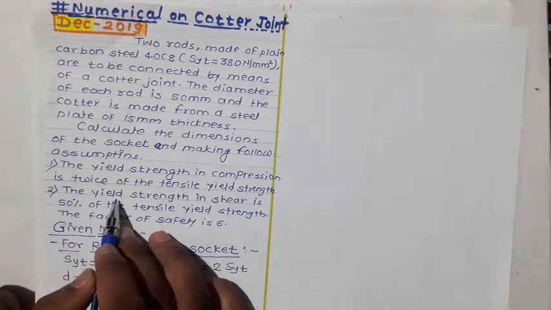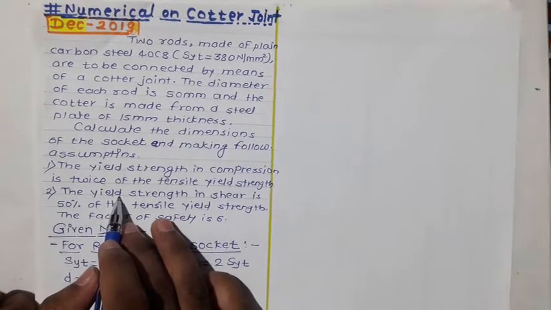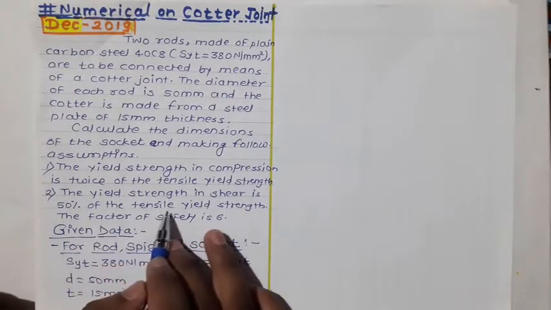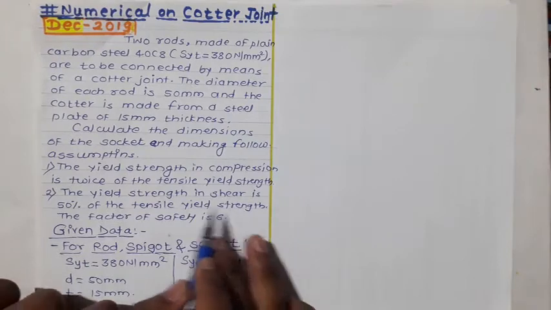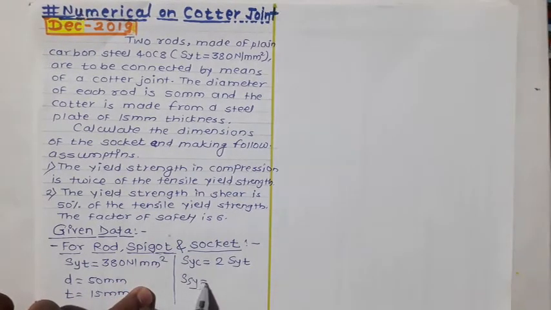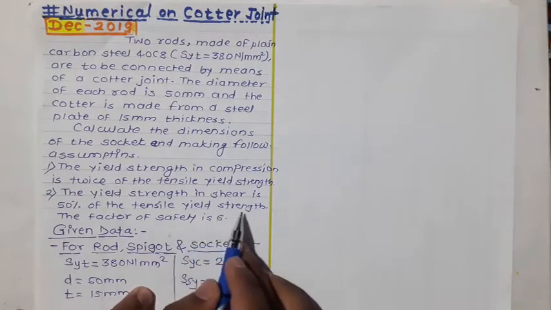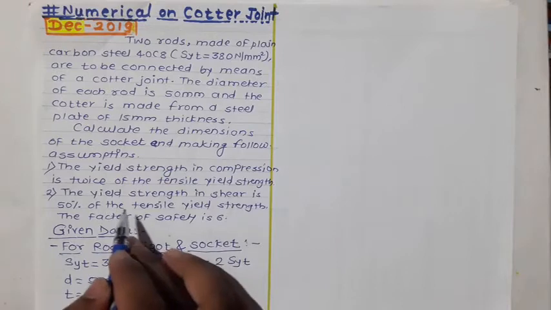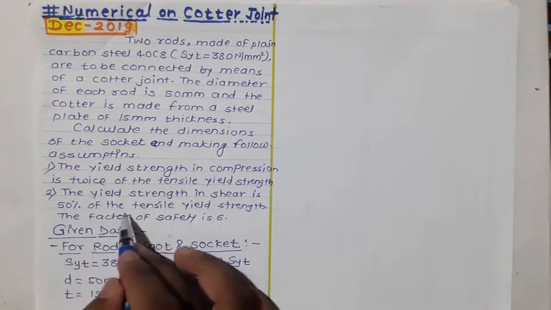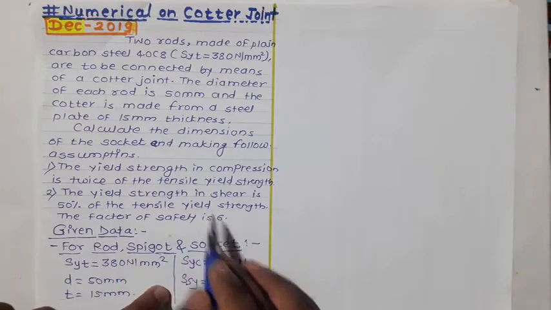Now the second assumption is the yield strength in shear is 50% of tensile yield strength. Now yield strength in shear is denoted by SSY, S suffix SY, and the tensile yield strength is denoted by SYT. And the relation is given, the yield strength in shear, that is SSY, is 50% of tensile yield strength, that is SYT.